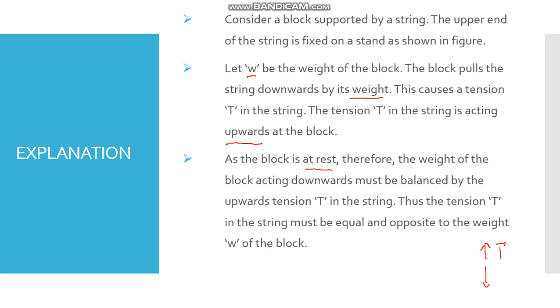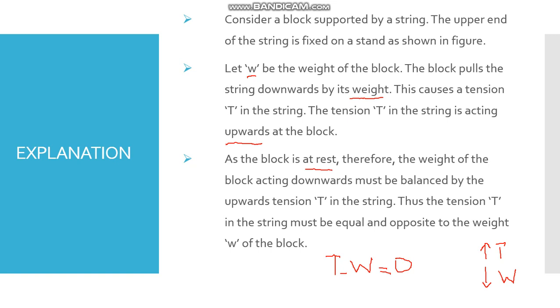So in order to make it at rest, the net force should be equal to 0. It means that T minus W should be equal to 0. This will show that the body is at rest. Okay, this is one condition for it. Thus the tension T in the string must be equal and opposite to the weight W of the block.